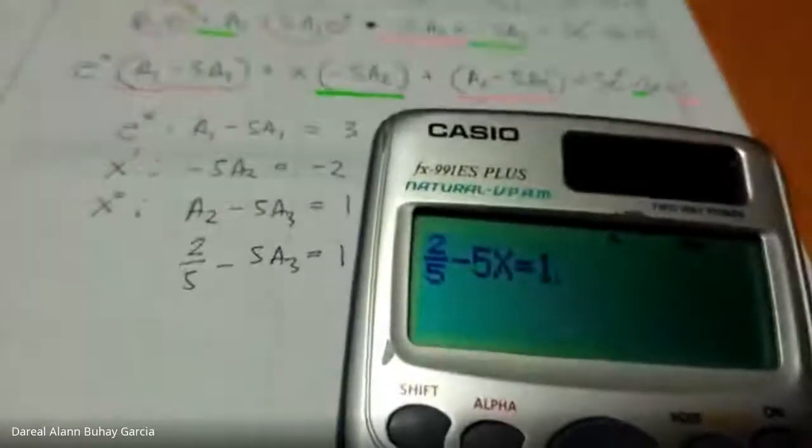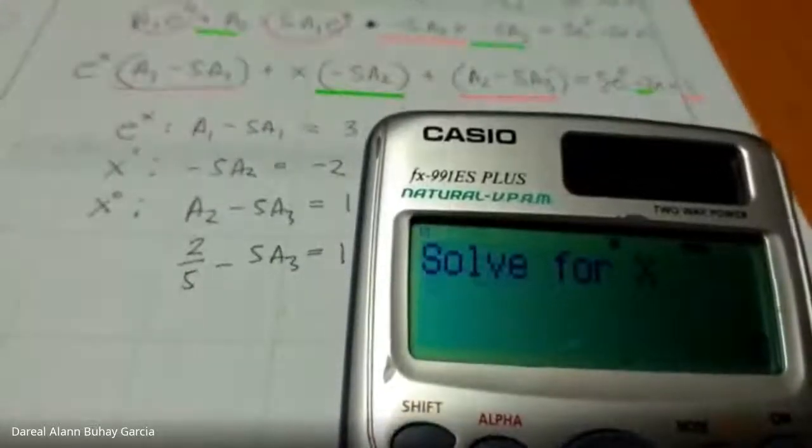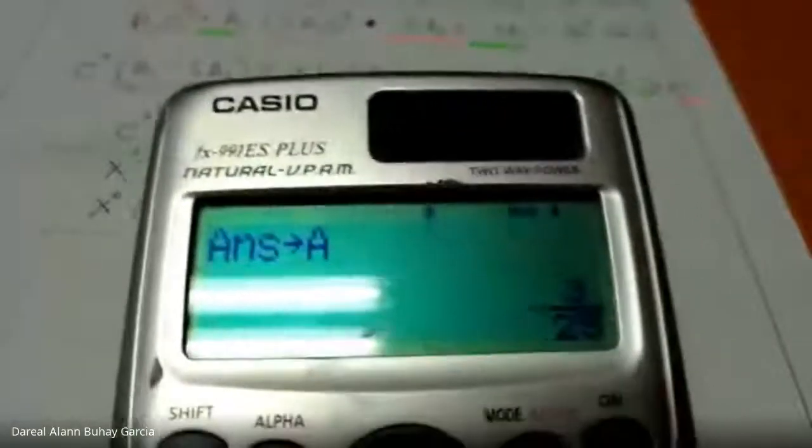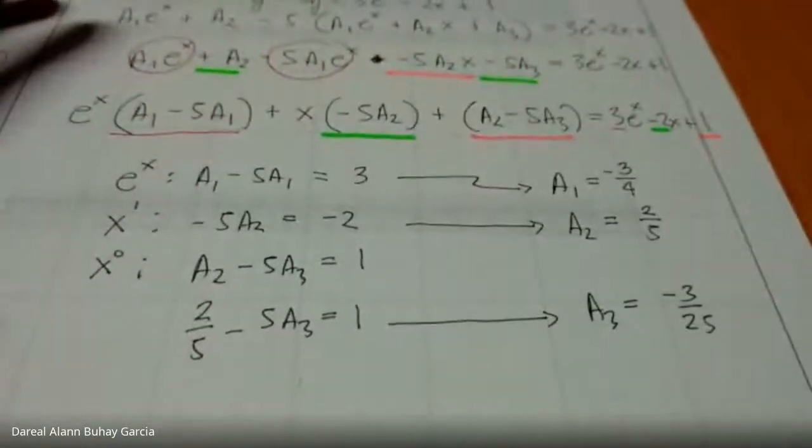Two-fifths minus 5a3 is equal to 1. A3 is negative 3 over 25. Okay, for your solution.